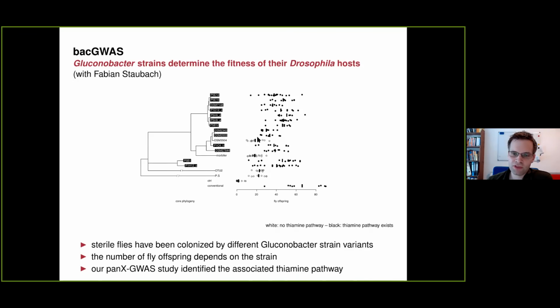Some of them had rather few offspring, and using this association method based on the events on the tree, we were able to associate the thiamine pathway, so thiamine is vitamin D, to the number of fly offspring. So the white organisms here lack the thiamine pathway, so they cannot provide vitamin D to the flies.